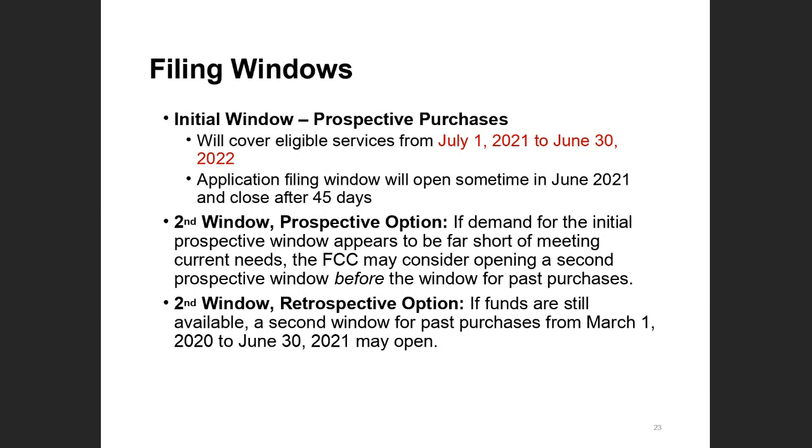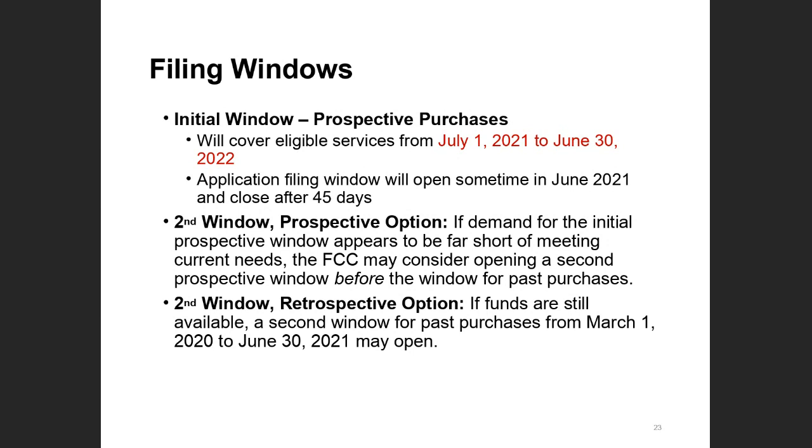Of course, right now, we don't really know exactly what the demand will be. We've never had a nationwide program of this magnitude. And we know there's not enough funding to connect every student or library patron that doesn't have the internet. So I think the E-rate community is feeling pretty good about that first window for prospective purchases.